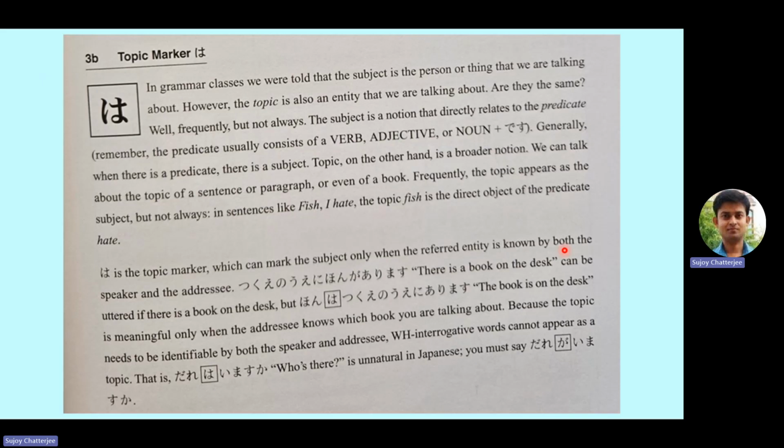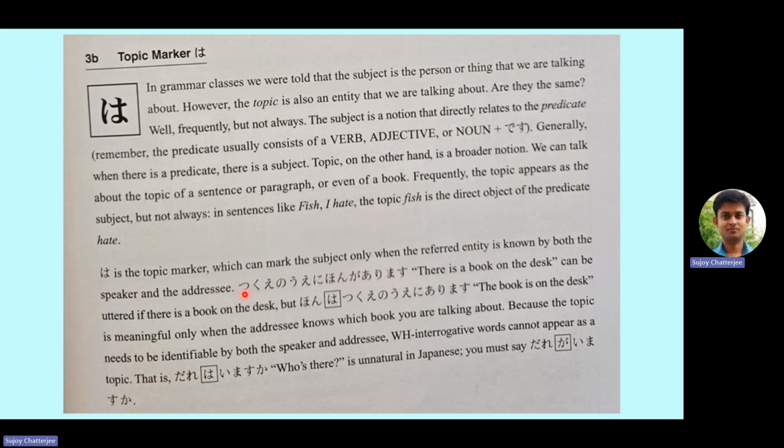But hon wa tsukue no ue ni arimasu, the book is on the desk, is meaningful only when the addressee knows which book you are talking about, because the topic needs to be identifiable by both the speaker and the addressee.